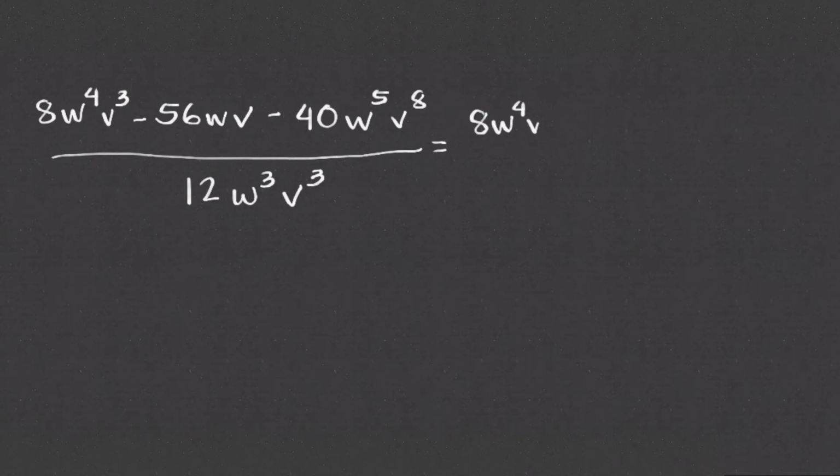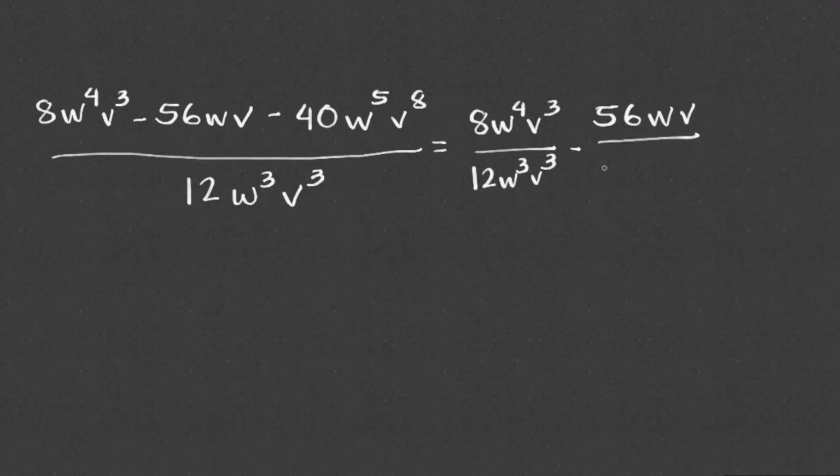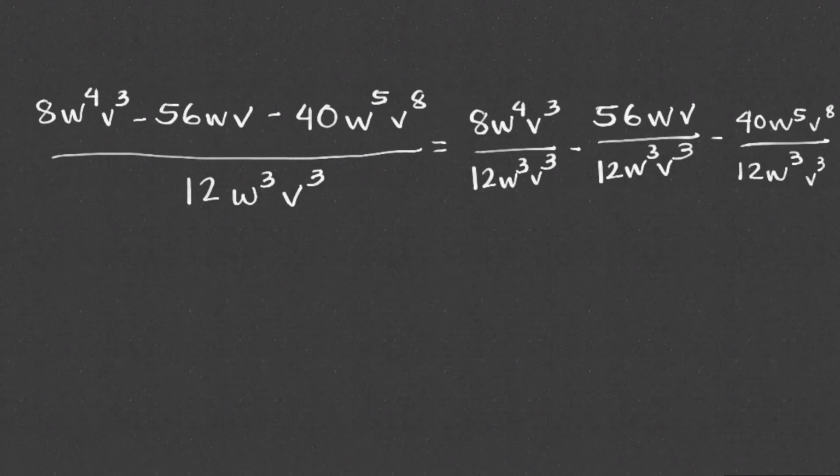So 8w raised to the 4th power times v cubed over 12w cubed v cubed minus 56w times v over 12w cubed times v cubed and minus 40w raised to the 5th power times v raised to the 8th power over 12w cubed v cubed.